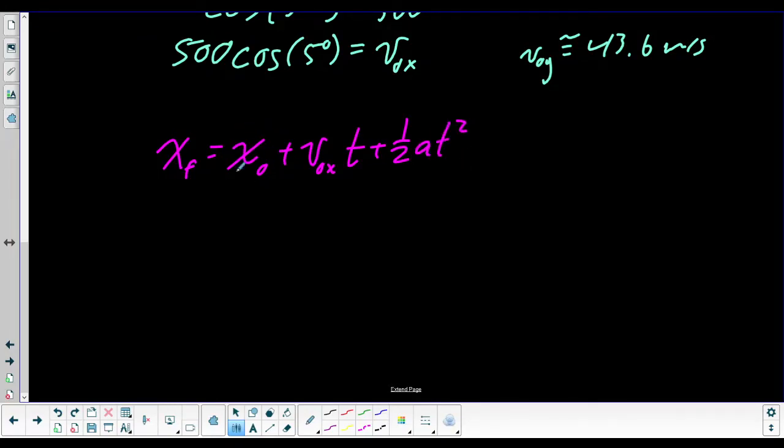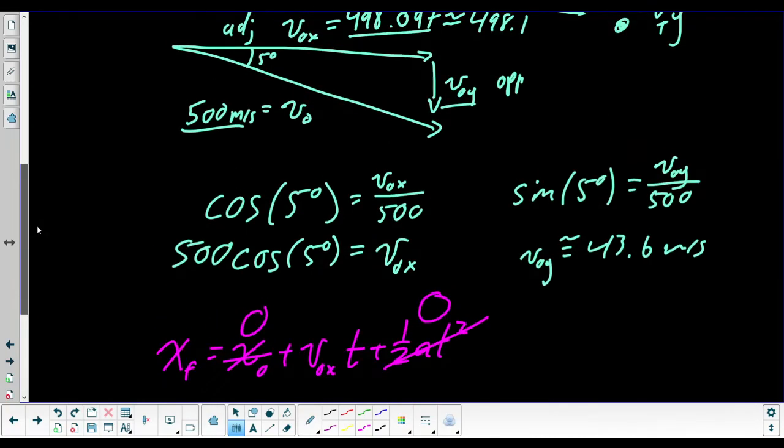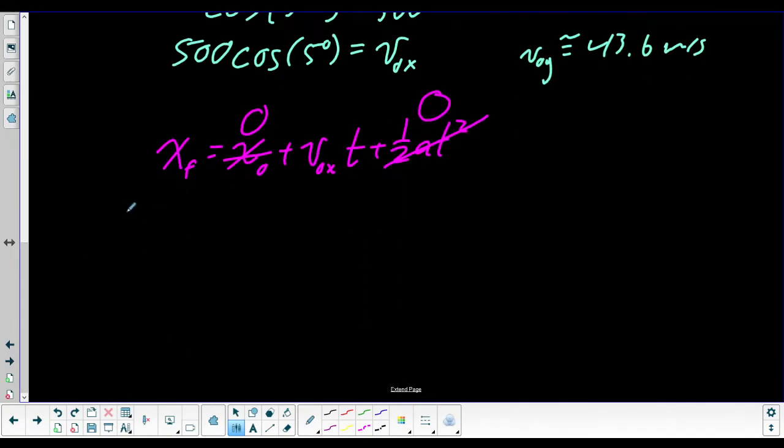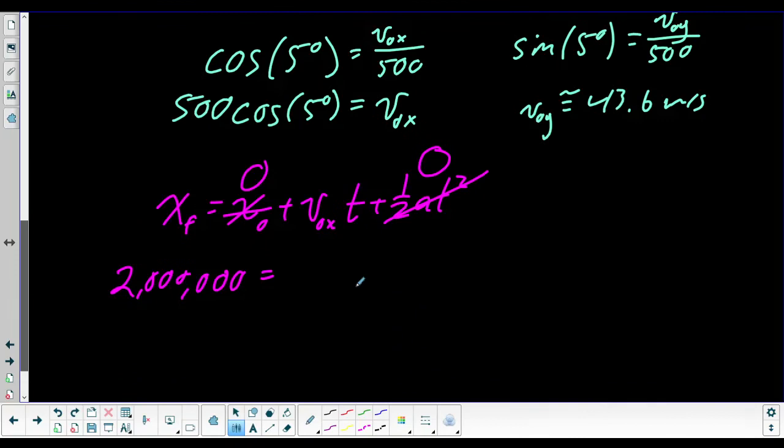Our initial displacement is 0. Our acceleration, our engines are blown out. We have no unbalanced forces. We're drifting through space. So this is not too bad. X final is 2 million because that's how far our space station is. And then that equals our velocity in the x direction, which is 498.1 times t.